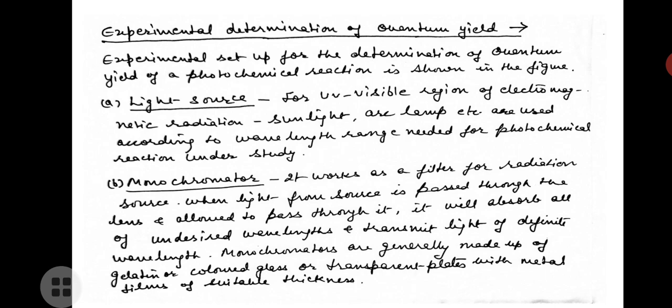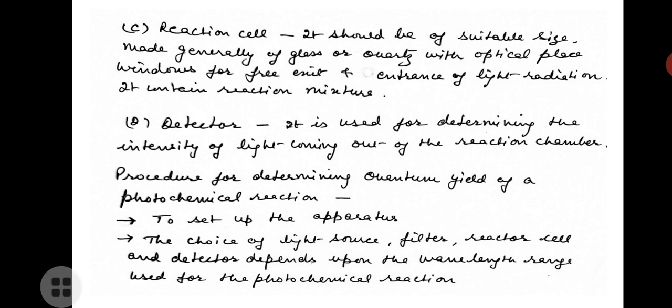Reaction cells contain the reaction mixture and its material is inert towards the chosen wavelength range. Next is the detector. It is used for determining the intensity of light coming out of the reaction chamber.